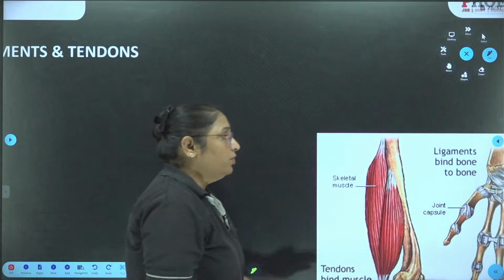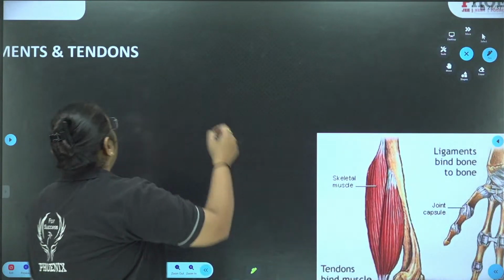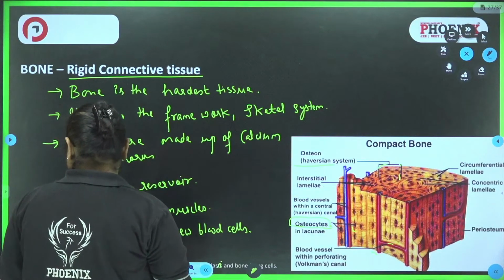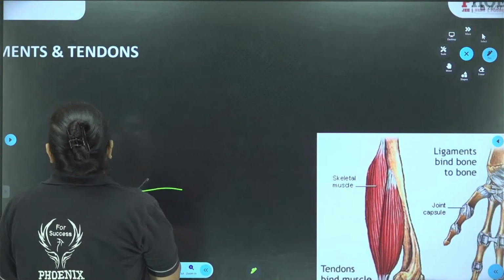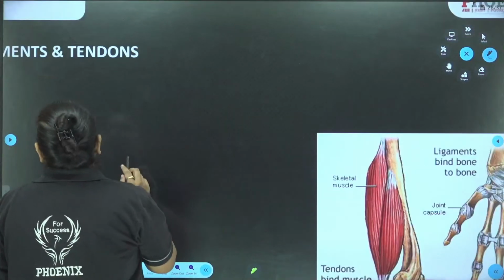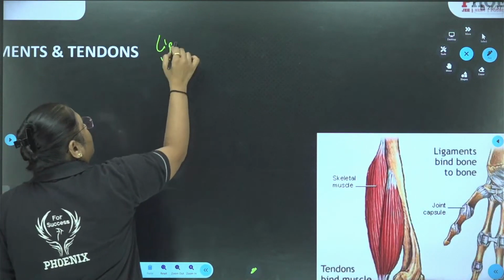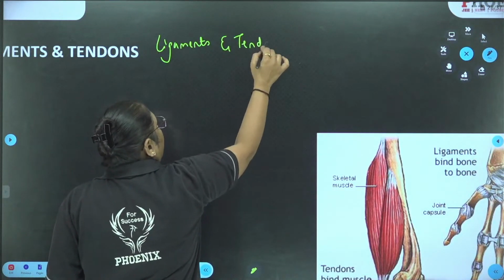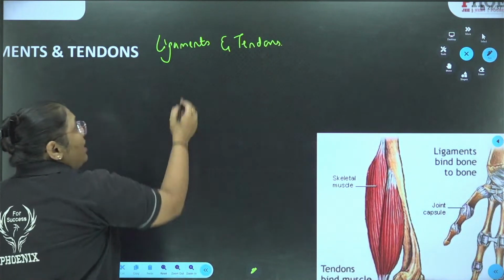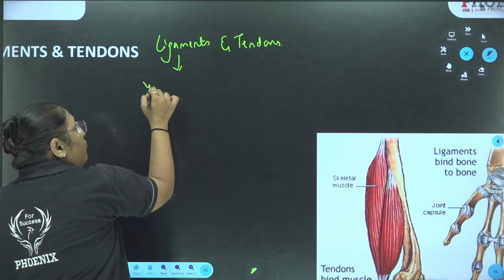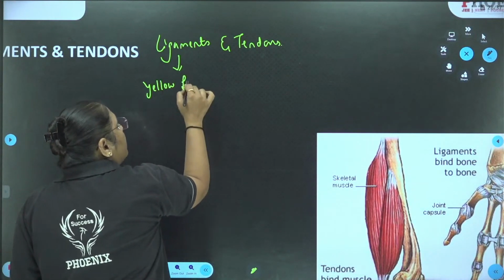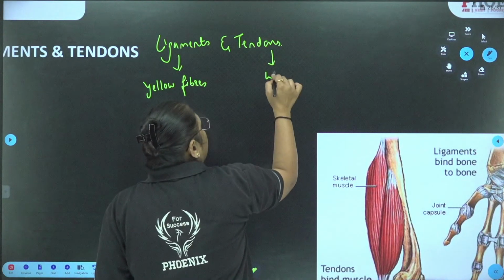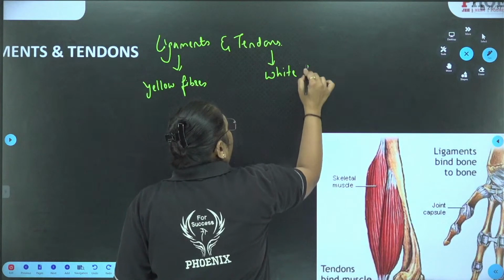If we see, there are 2 different types of tissues, that is ligaments and tendons. Ligaments are made up of yellow fiber, and tendons are made up of white fibers.